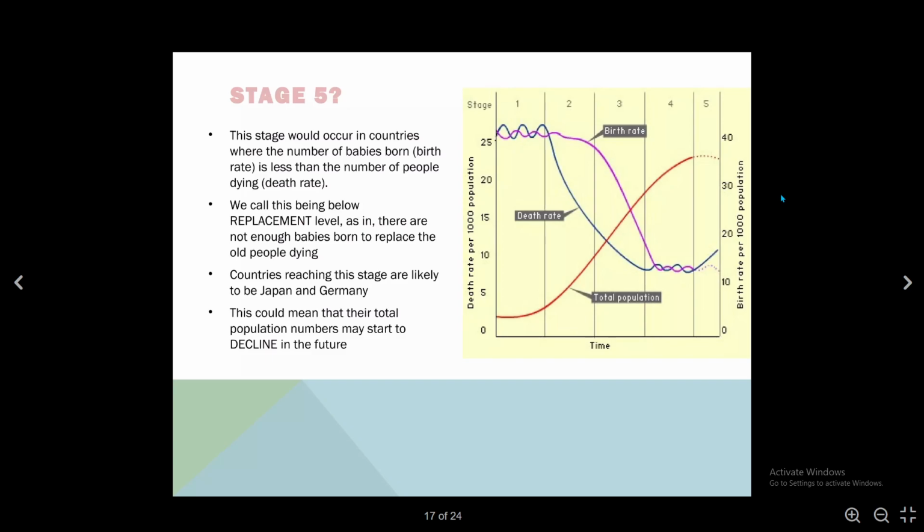So their birth rates are really low, but their death rate starts to increase because it's such an old population that there are more older people dying than younger people being born. And so due to that, their population actually decreases. So that's the 5 stages of the demographic transition model.